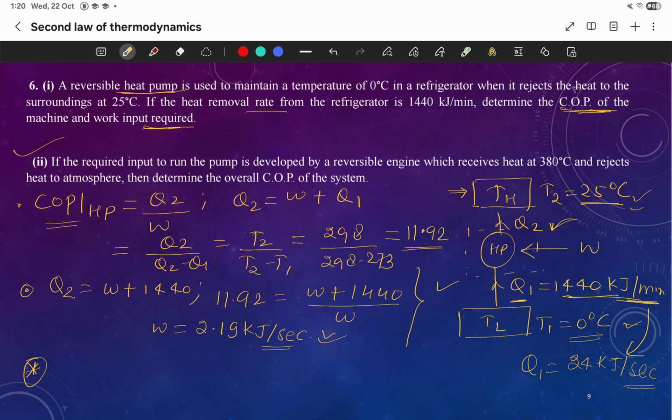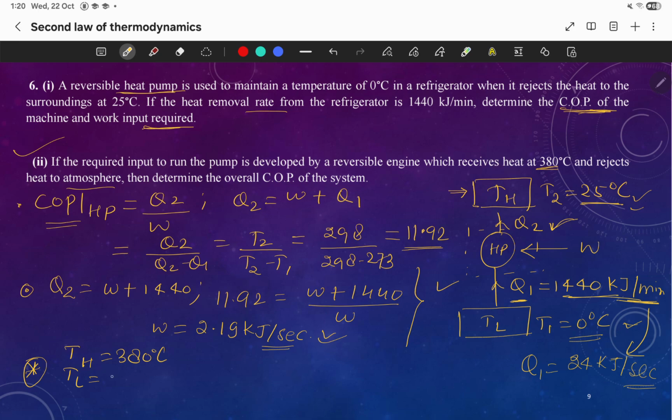Here what is happening is that a reversible engine will be driving the heat pump. This is similar to the previous question. The engine source receives heat at 380 degrees Celsius, so TH will be 380 degrees Celsius, and it will be rejecting heat to TL, the atmosphere.